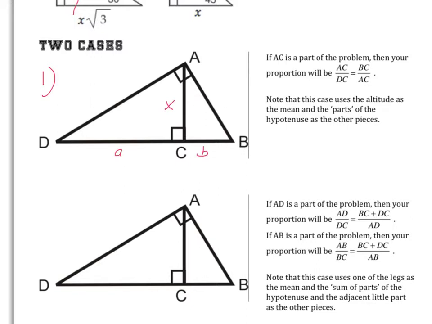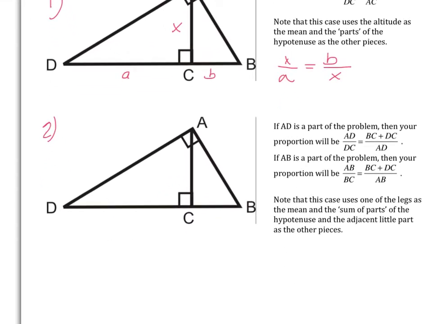Then what that means is that you are using x as your mean, and each little part of the hypotenuse is the other pieces. And then number 2, the second situation, would be when you're given one of the legs.